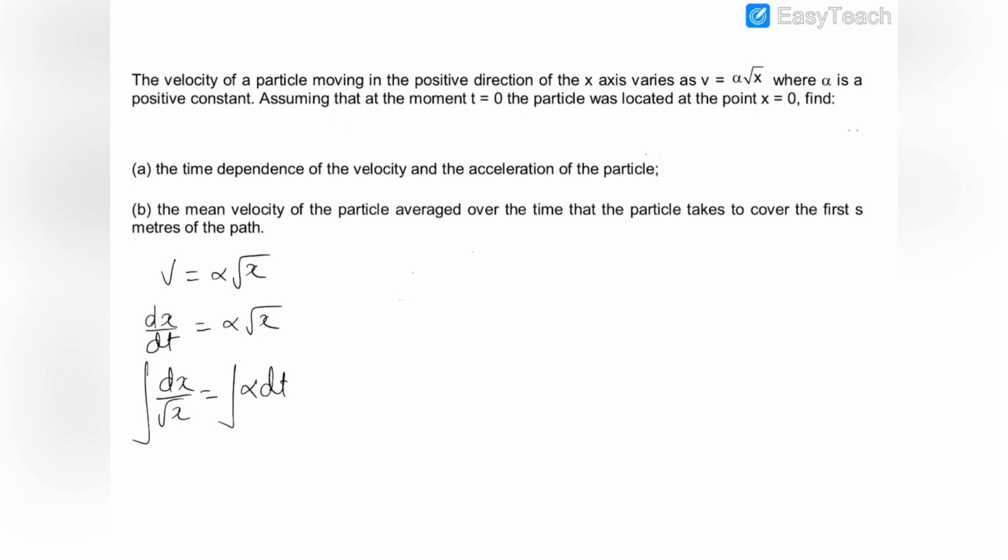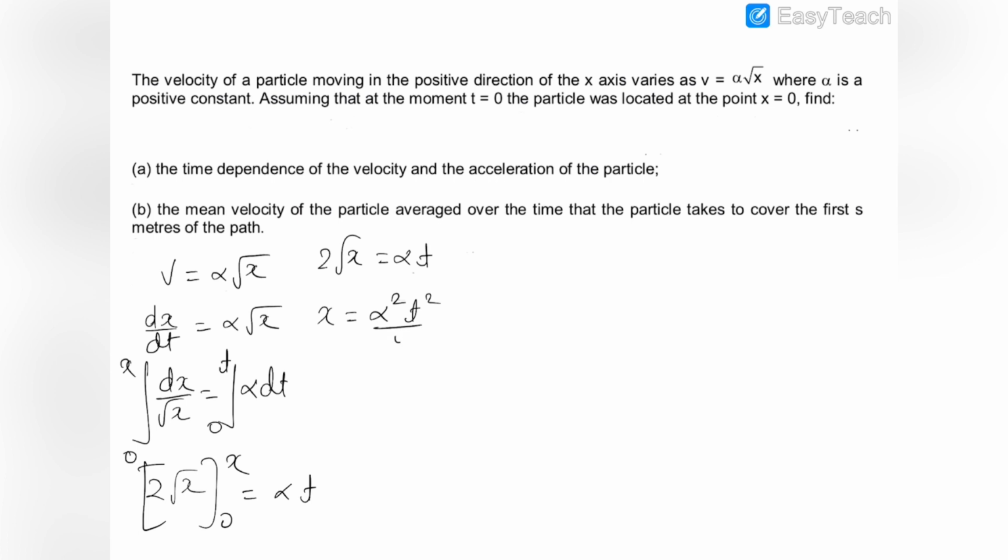The limit of x would be from 0 to x, and the limit of t would be from 0 to t, and the integration of 1 upon root x would be 2 root x, and the limit would be from 0 to x, and here it would be alpha t. Okay, so 2 root x will be equal to alpha t, and x will be equal to alpha square t square by 4. So this is the displacement of the particle in terms of the time.